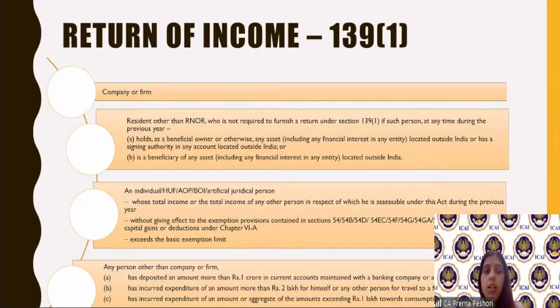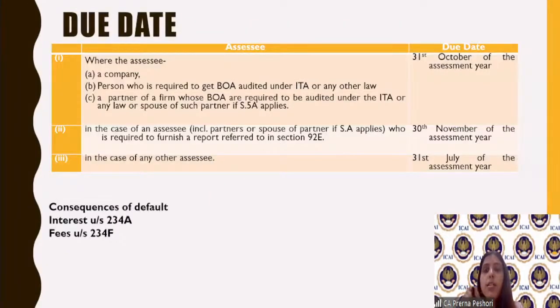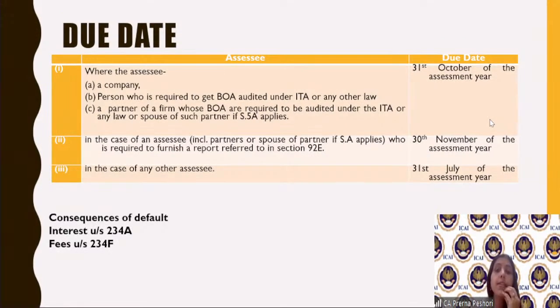Now, what are the due dates? By what due dates are they required to file the return? So the due date under 139(1), Explanation 2 to 139(1), is defined, wherein it says that where the assessee is a company or any person whose accounts are required to be audited under section 44AB or under any other law.